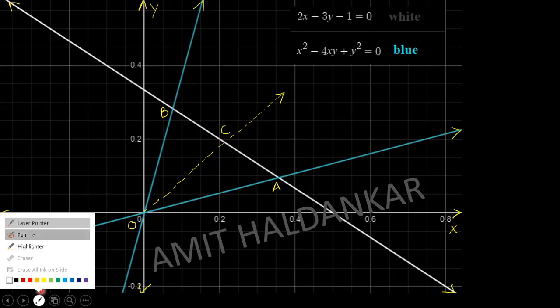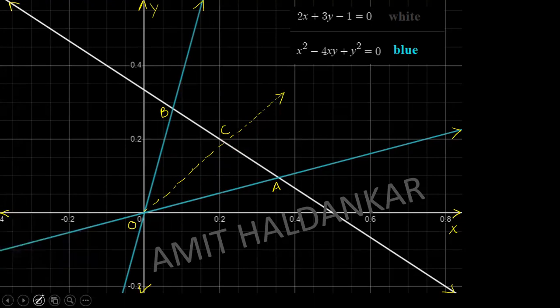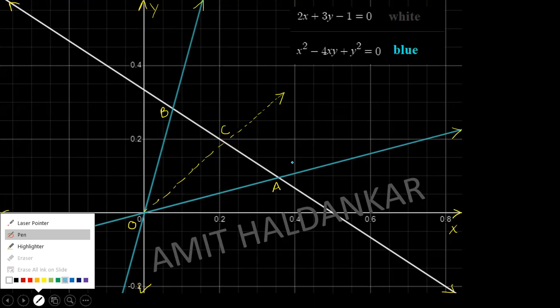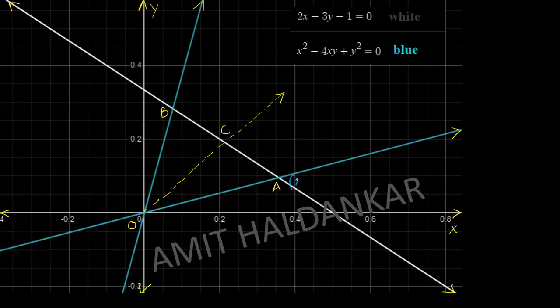Now to start, let's say A is taken as x1, y1 and B is taken as x2, y2.